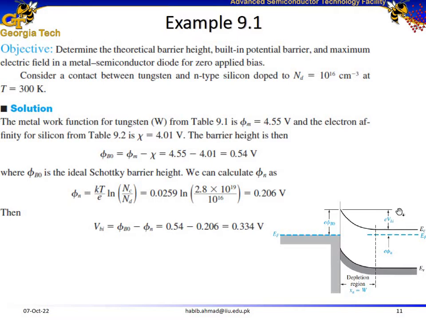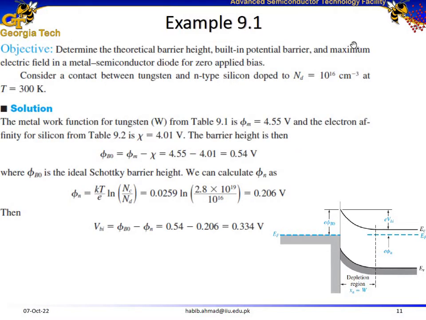And then you can easily calculate the built-in potential by subtracting phi n from the Schottky barrier height, which comes out to be 0.334 volts. You can compare it with PN junction diodes. Generally for PN junction diodes, the built-in potential is roughly 0.7 volts. So for metal semiconductor junctions, the built-in potential is much lower as compared to the PN junction diodes.